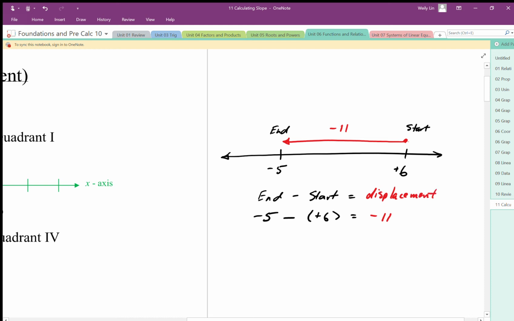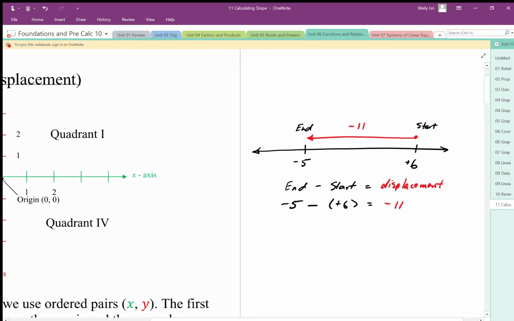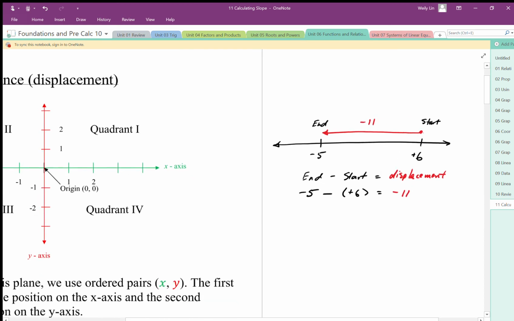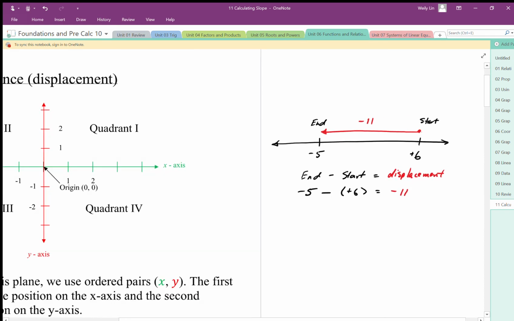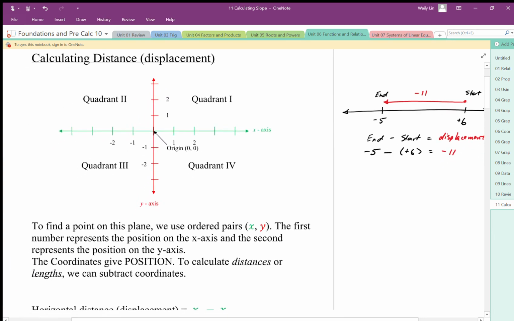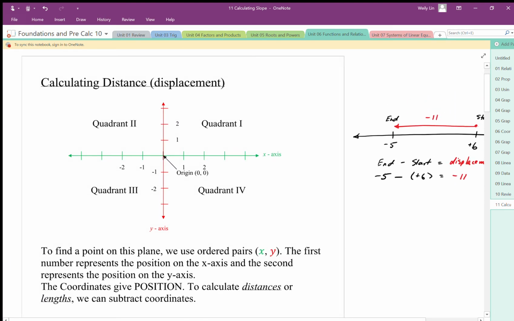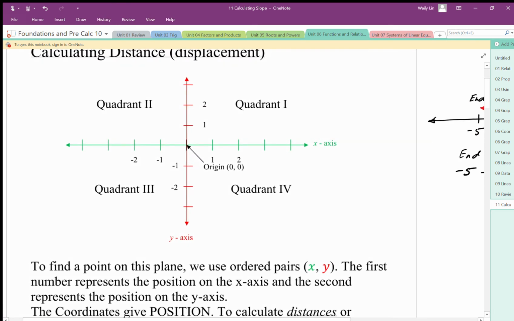And we need to use this end minus start to get the displacement, because what we're looking for really is finding slope, which represents change or displacement on the xy plane, both vertically and horizontally. So if we take a look at our xy plane here, we have our 4 quadrants.